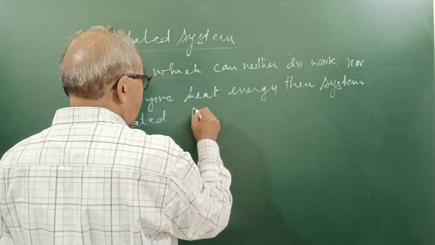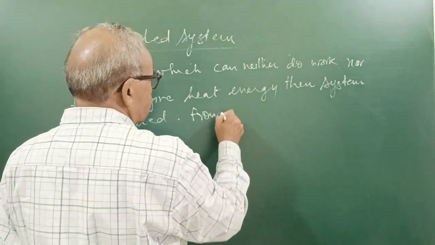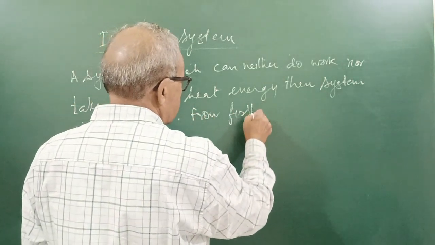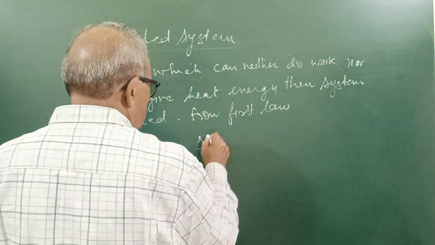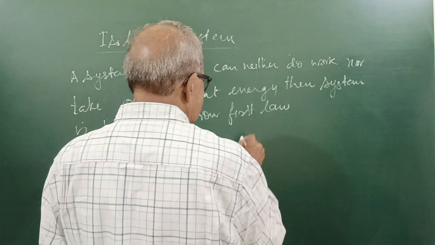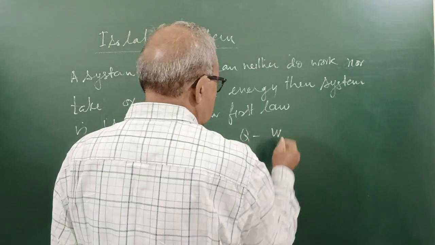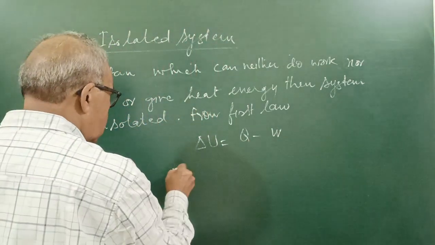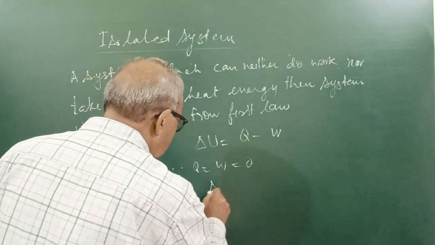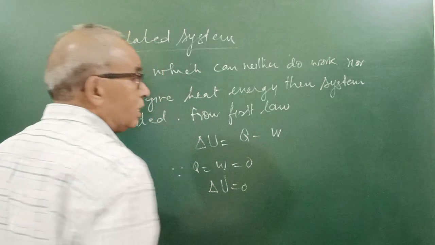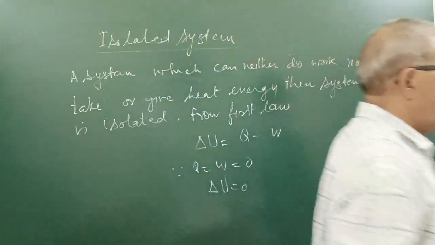And from the first law, delta U equal to Q minus W. Both are 0 since Q equal to W equal to 0. So delta U is 0, which means there occurs no change in internal energy.